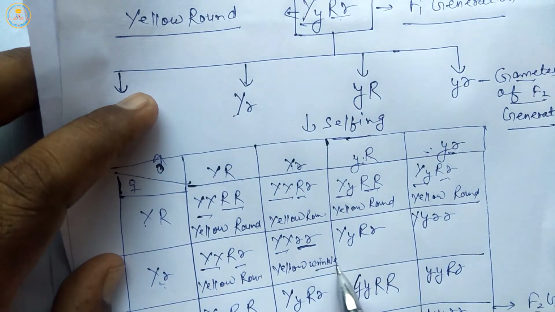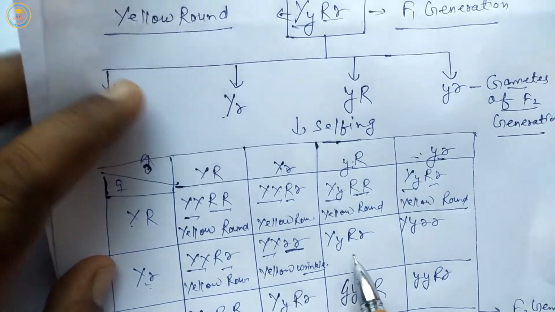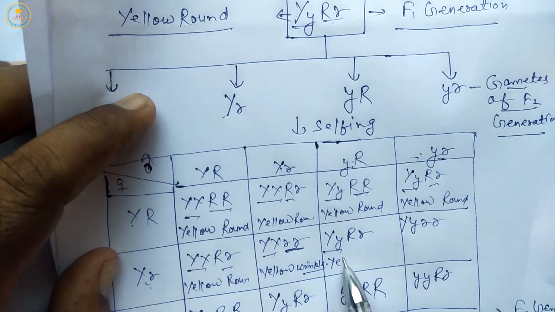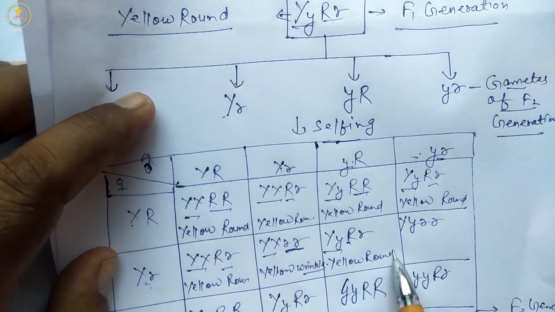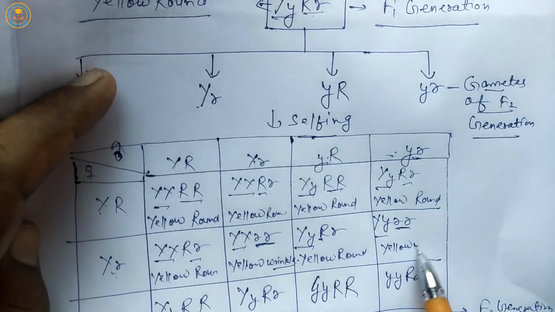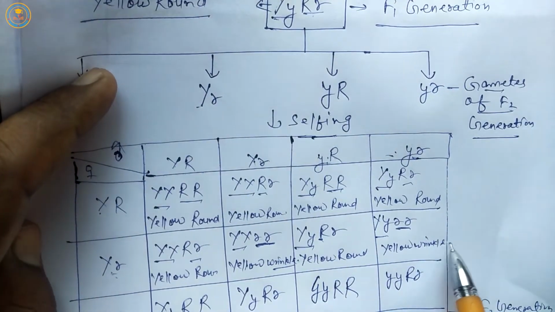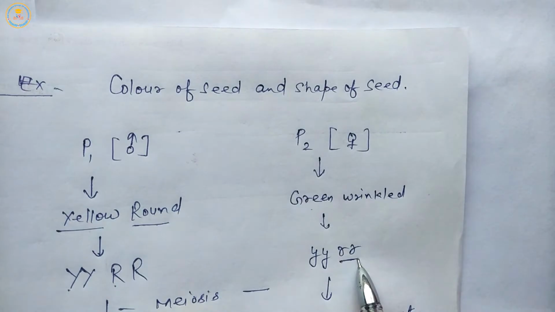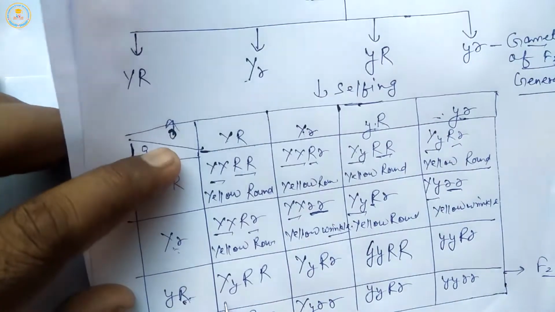It means they are recessive. It means yellow, round, yellow, but wrinkled. This is wrinkled.